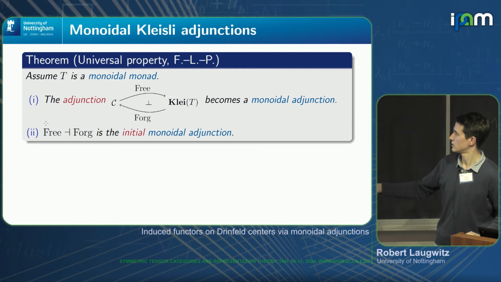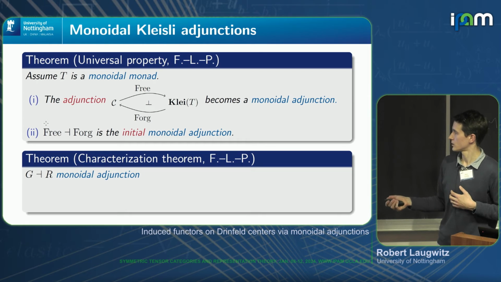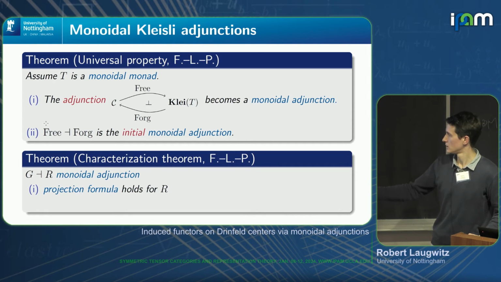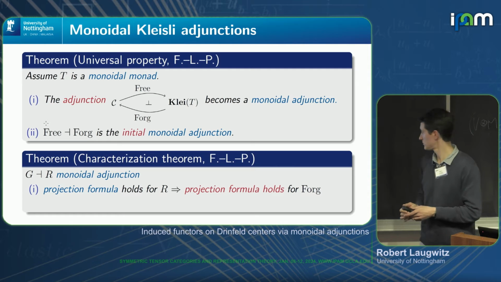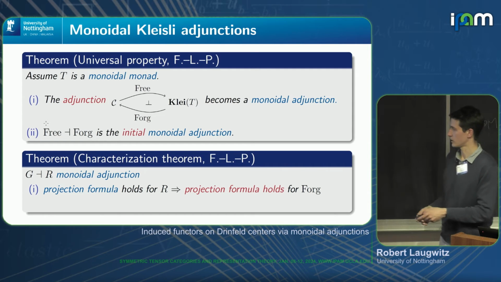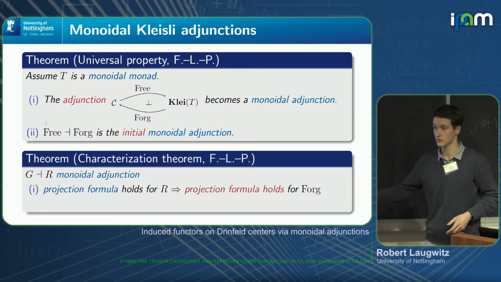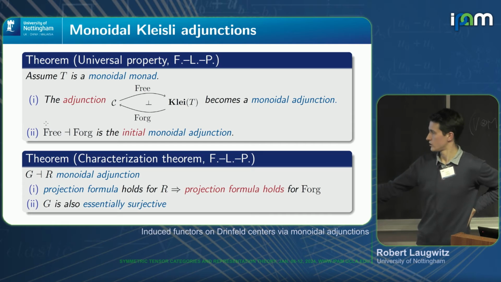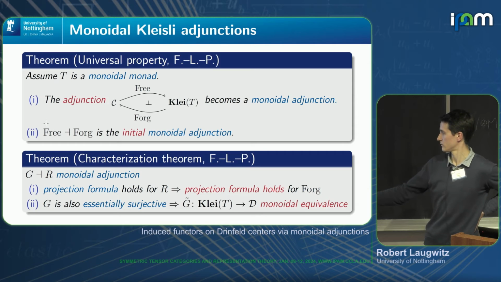And now this is just a universal property for monoidal adjunctions. And there's also a characterization theorem, which maybe is a little bit surprising: if we have a monoidal adjunction and the projection formula holds, then it also holds for the right adjoint forgetful functor. So we have the Kleisli adjunction, its right adjoint is the forgetful functor, and it also satisfies the projection formula as soon as R satisfies it, so it's just automatically inherited. And now if G is also essentially surjective as a functor, then the comparison functor becomes a monoidal equivalence.